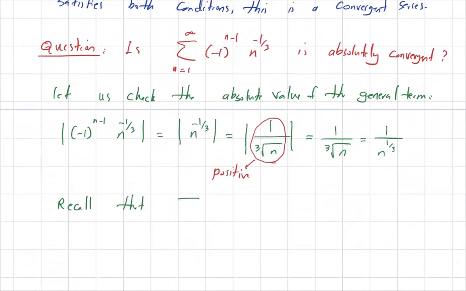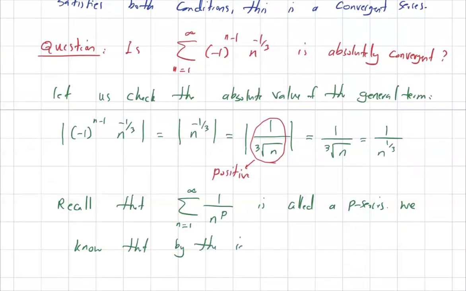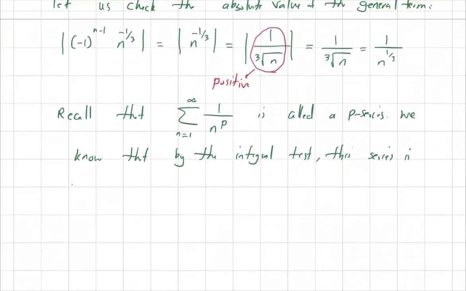Recall that a series of the form 1 divided by n to power p is called a P series. We know that by the integral test, this series is convergent when P is more than 1.